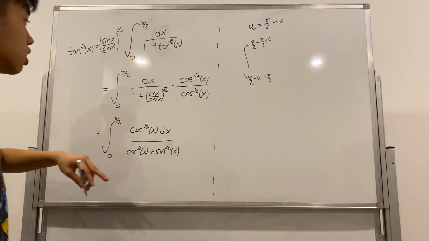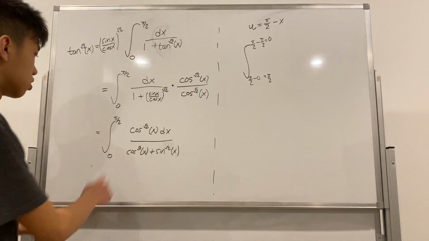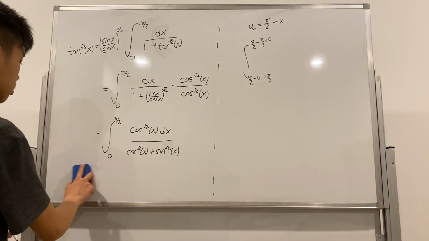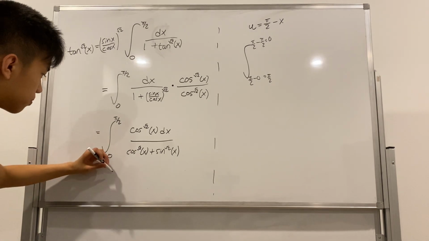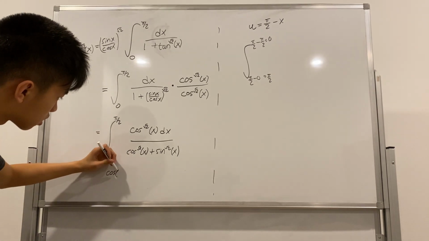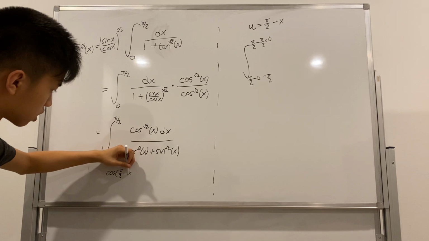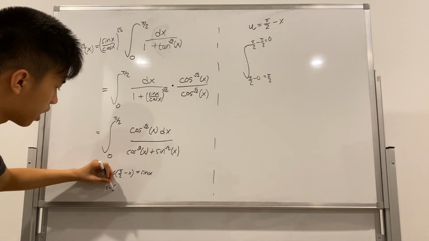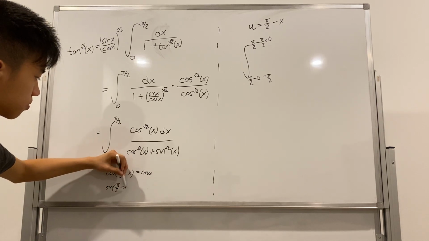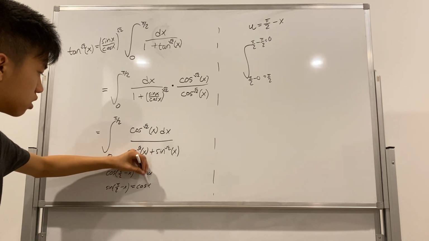And then here we can use one really important trig identity. We know that cosine of pi over 2 minus x is equal to sine of x. Similarly, sine of pi over 2 minus x equals cosine of x.